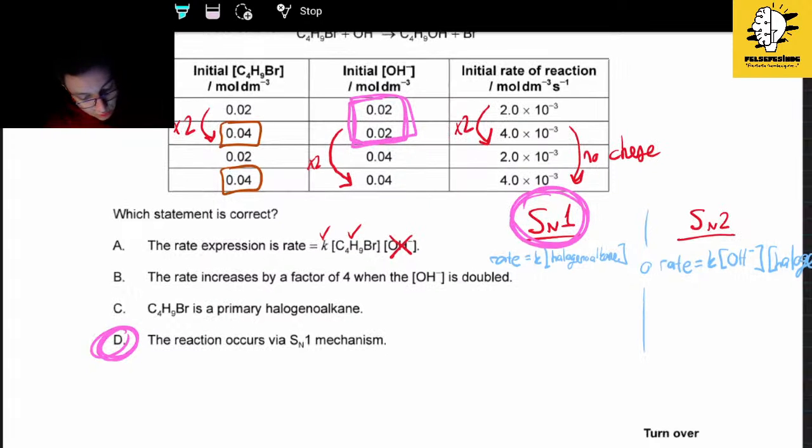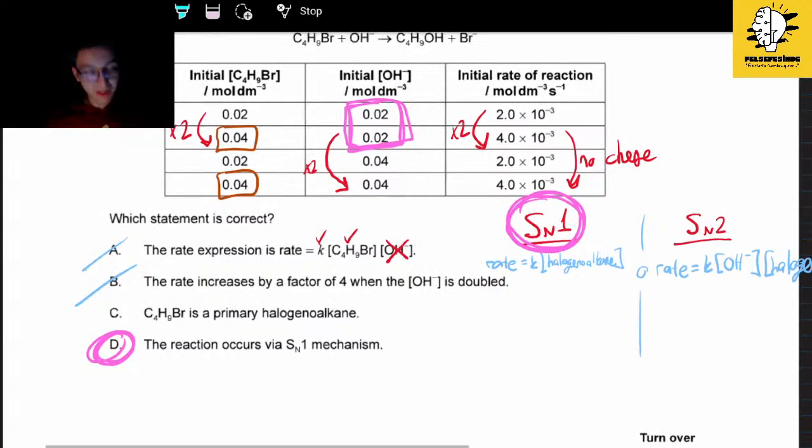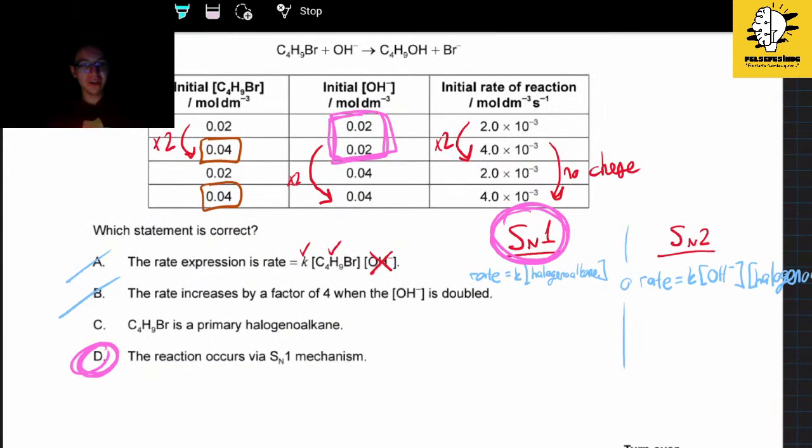So A is wrong, B is wrong. It says C4H9Br is a primary halogenoalkane. This is a fun discussion we had with Ege, because we were saying it says C4H9Br, so Br is at the very end, so it should be a primary halogenoalkane, but we forgot about one thing.